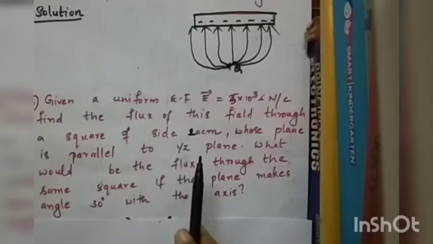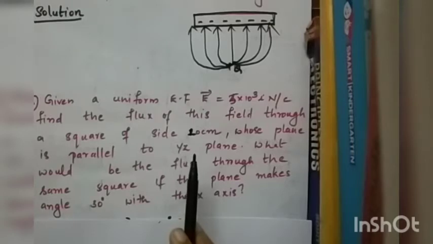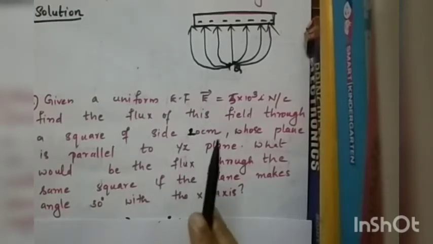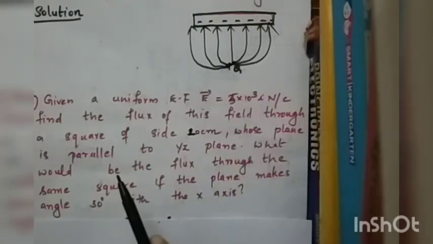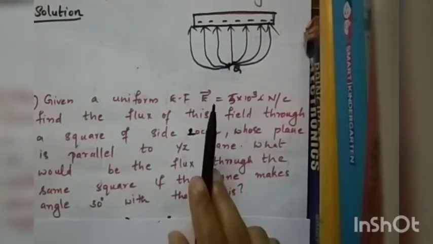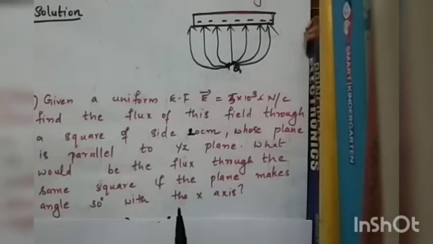And which direction is perpendicular to YZ? That is the x direction. So our area vector points along the x direction. The electric field is also along the x direction. So what is the angle between the electric field vector and the area vector? It will be 0, because both point along the same direction, that is x.